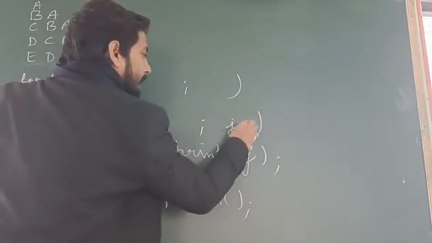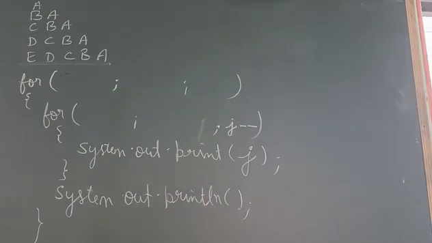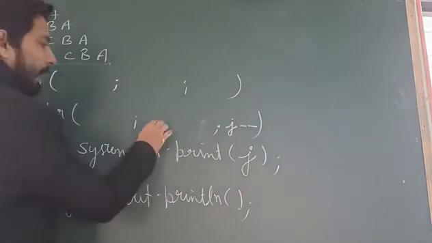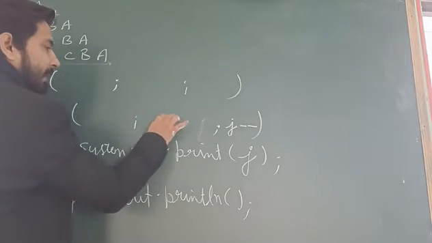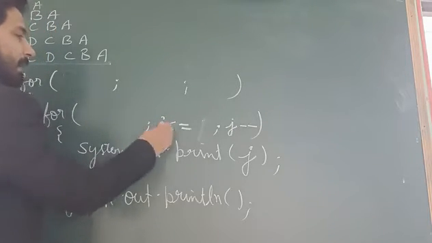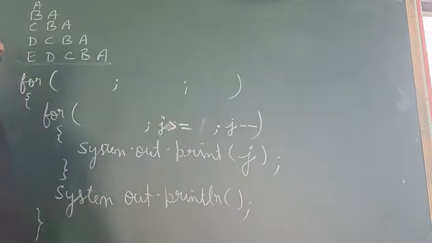So here it should be J minus minus. After that, if it is minus minus, then it should be J is less than or equal to. If it is plus plus, J is greater than or equal to.